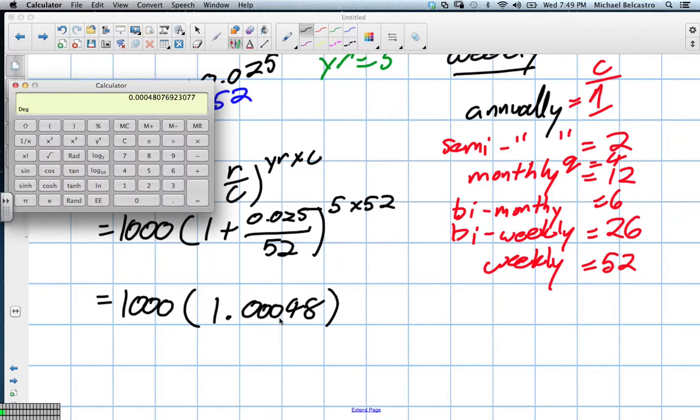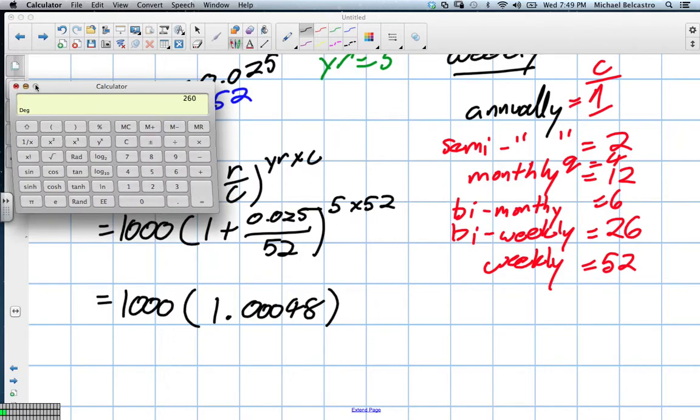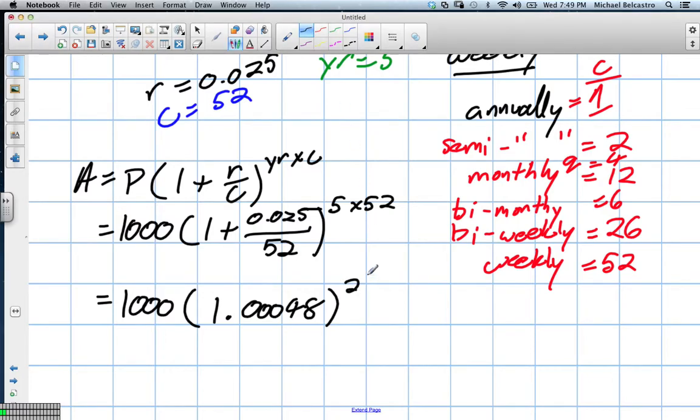We do need to get these other numbers in, so we've got to get at least 2 significant digits. And then our next one is 5 times 52, which is 260. So it's 260 times.